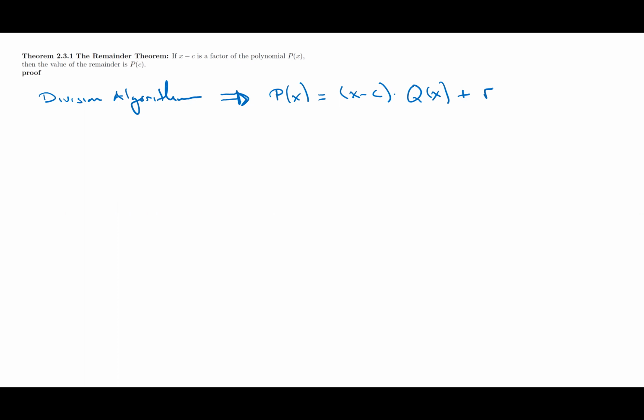And the remainder must be lower degree than the divisor.